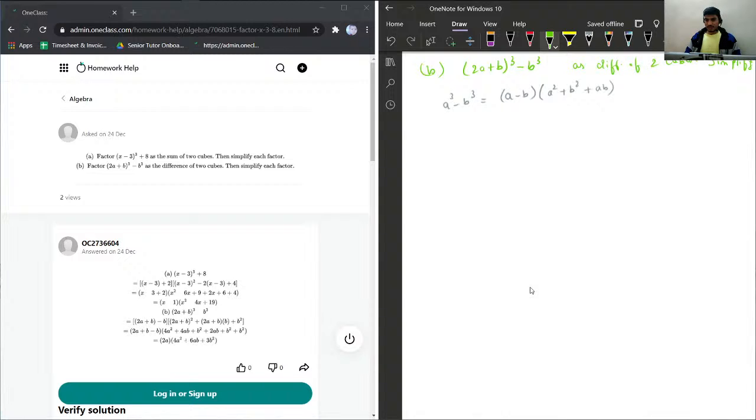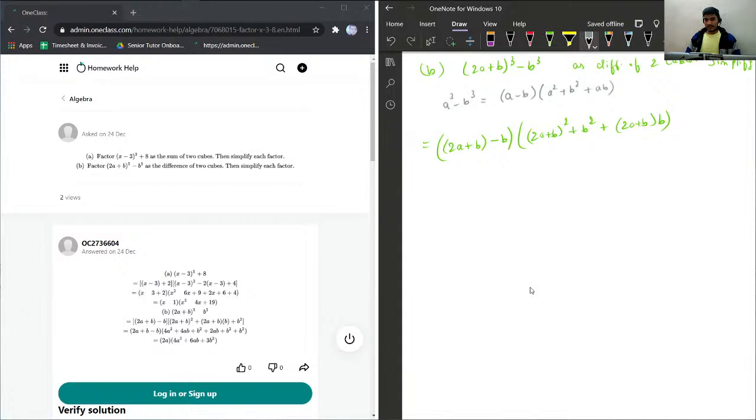Now we'll just use this identity to expand this. I will get a − b, so this will be (2a + b) − b. Then we have (2a + b)² + b² + (2a + b)b.